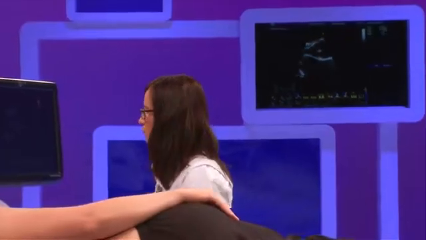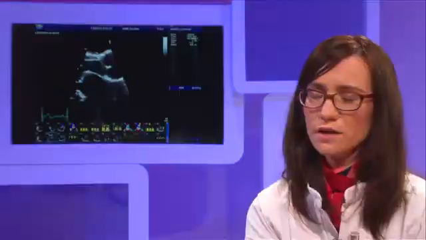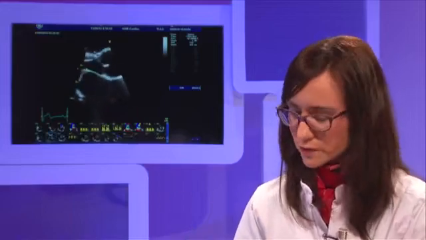So another way to quantify the severity of the mitral stenosis is by applying the continuity equation, which actually tells us that what goes into the mitral valve has to come out through the LVOT, or what goes into the pulmonary artery has to come out through the mitral valve.